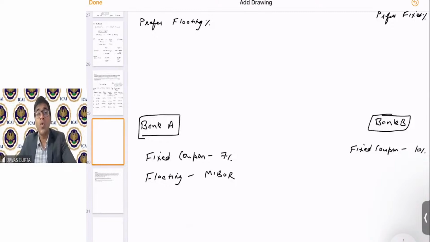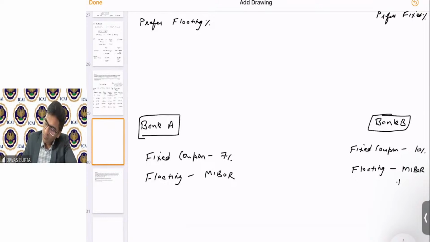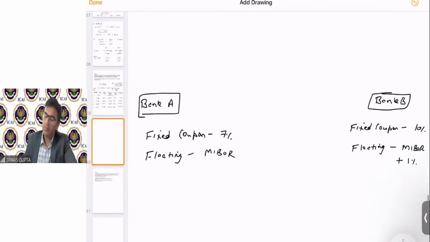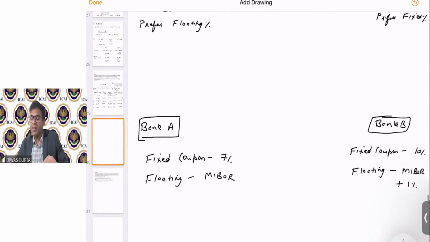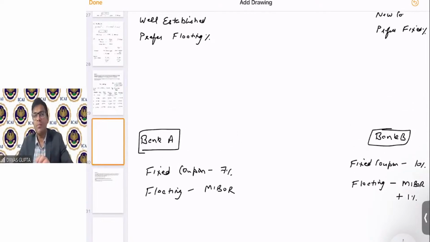Or in case you want to go for a floating rate of interest, then I will offer you MIBOR plus 1%, because there is a higher risk of my giving you these amounts.